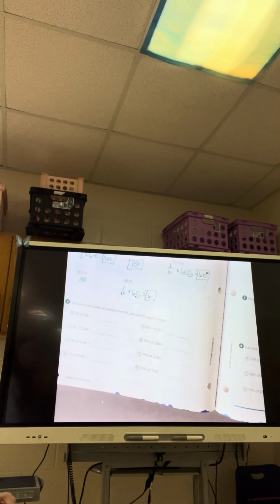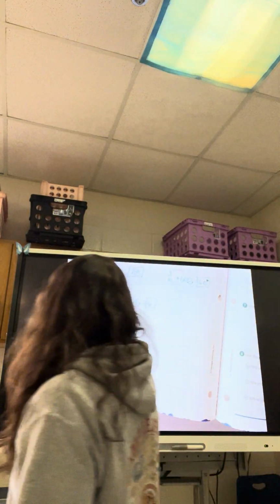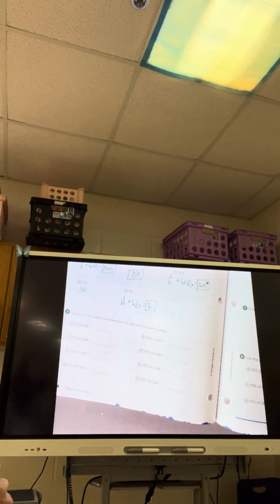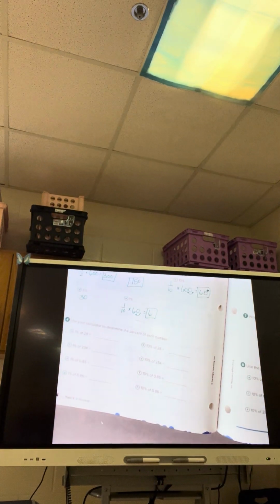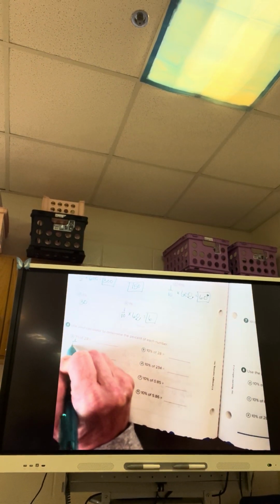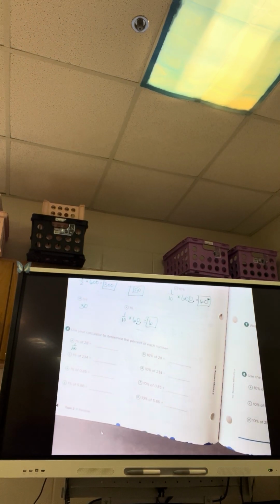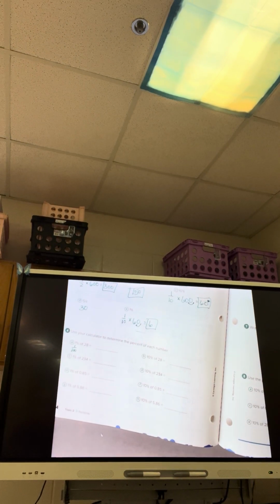Now it says down here, use your calculator to determine each of these, okay? So how would I write 1% as a fraction? Here's something that y'all should know. 1% is literally 1 over 100.